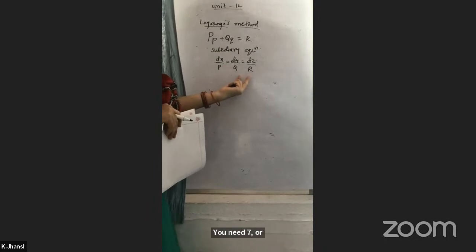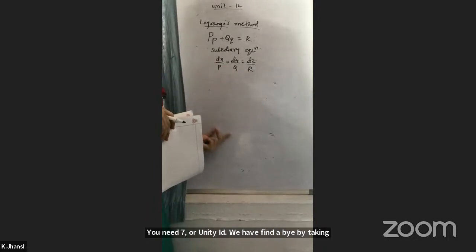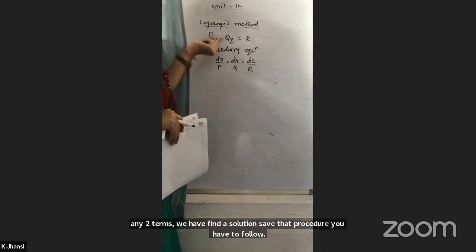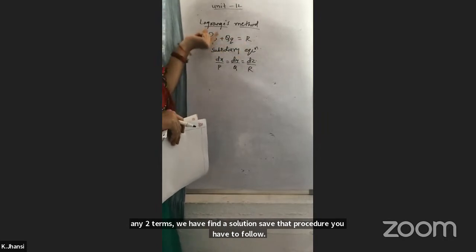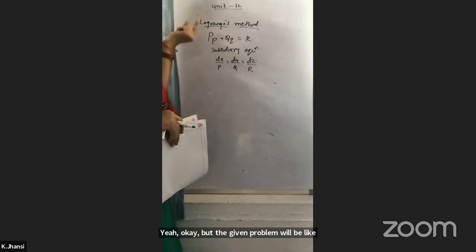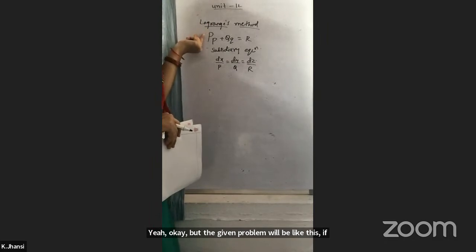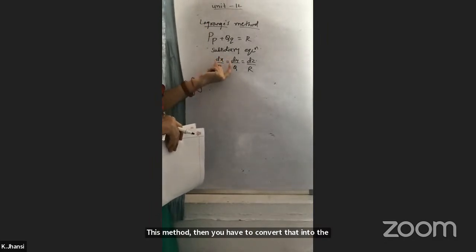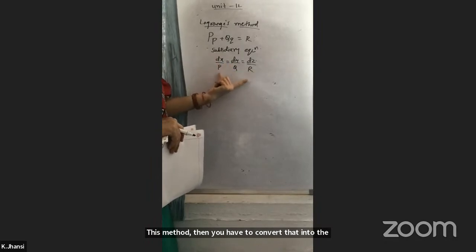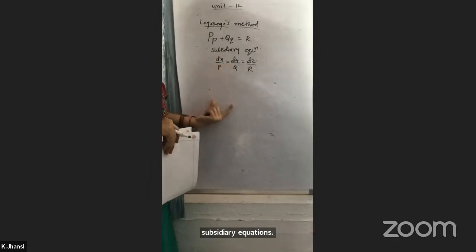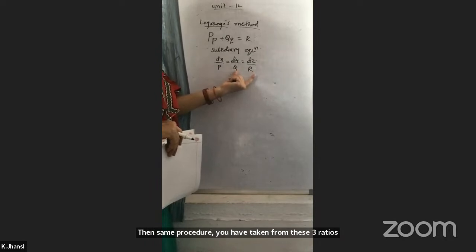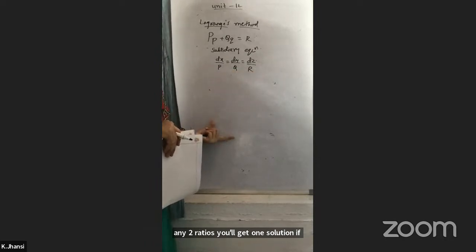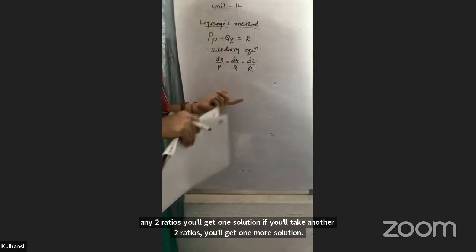Same procedure you have to follow here. Okay, but the given problem will be like this. If it is in this form, it is called Lagrange's method. Then you have to convert that into the subsidiary equations. Then same procedure: you have to take any two ratios from these three ratios and you will get one solution. If you take another two ratios, you will get one more solution. So this is the procedure of Lagrange's method.